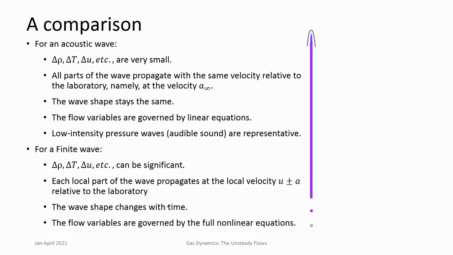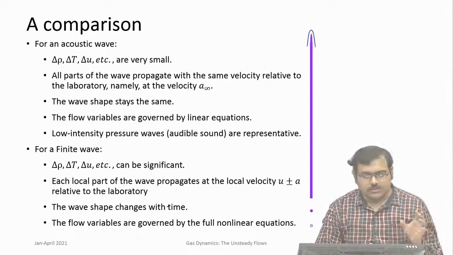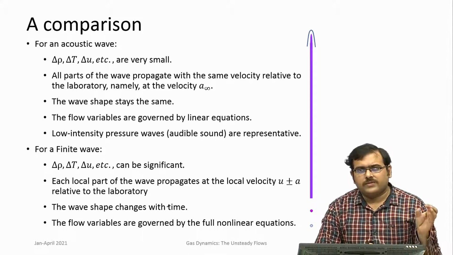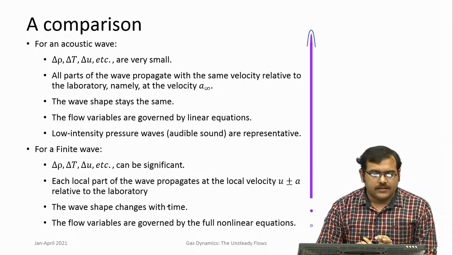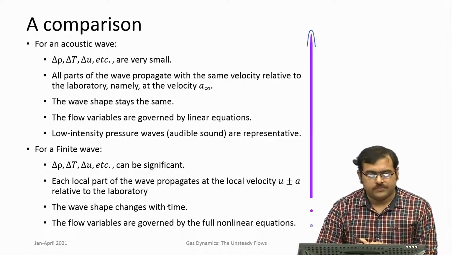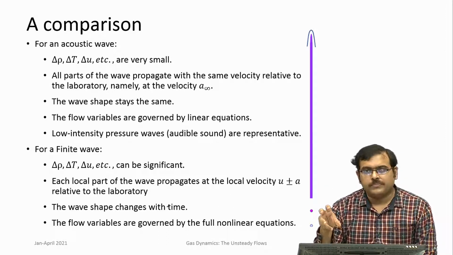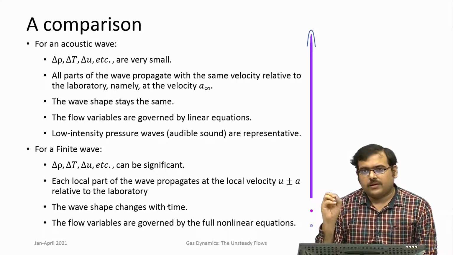Okay. So now let us compare whatever we had done in the previous class to this class. In the previous class we had very small waves, infinitesimal waves, and in this class we have finite waves. Infinitesimal waves are very small, and they propagate at constant velocity, which is a infinity.